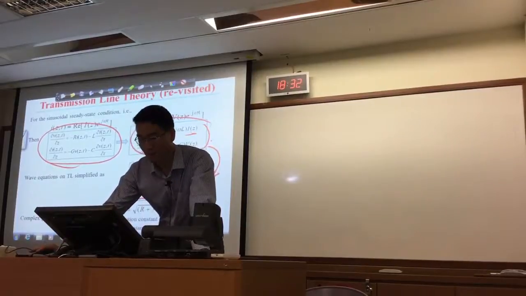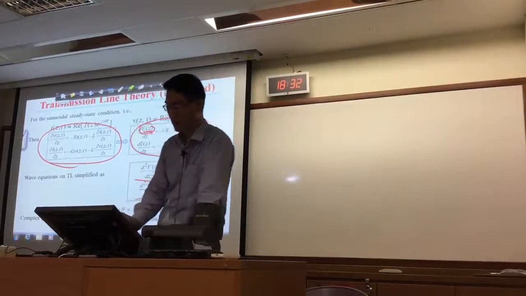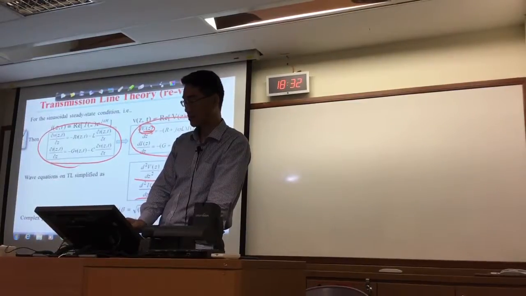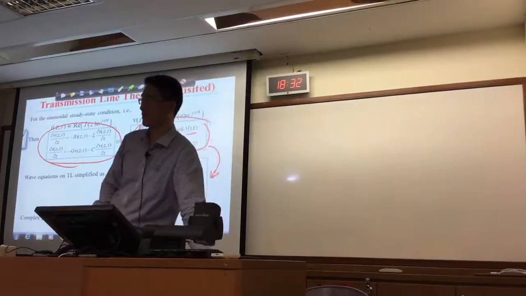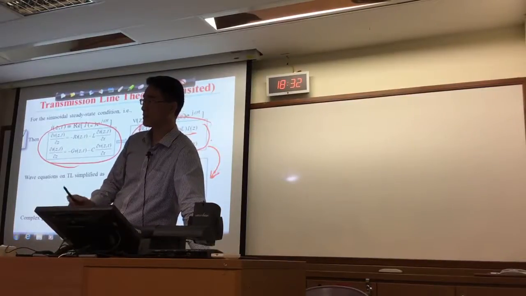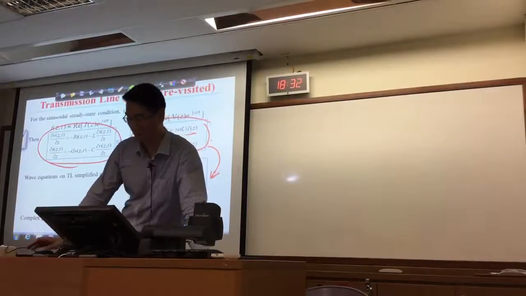Then this gamma is the propagation constant. It has a real part and an imaginary part. The real part represents the attenuation. The imaginary part, beta, is the phase constant. Beta times the physical length gives the electrical length, right?